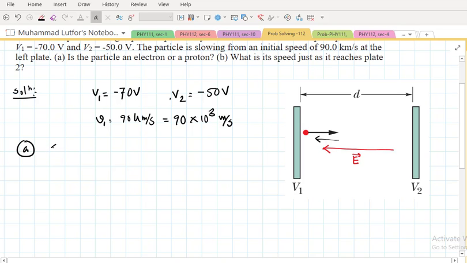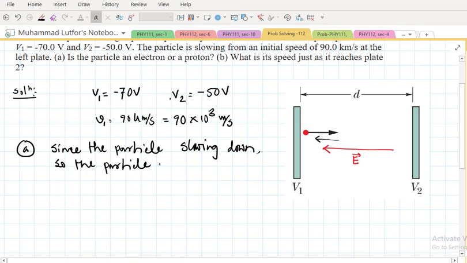So from there we can write, since the particle is slowing down, that is when it is decelerating, the particle would be a proton, right?